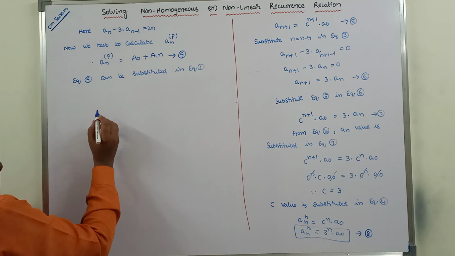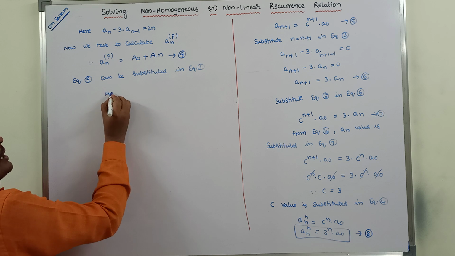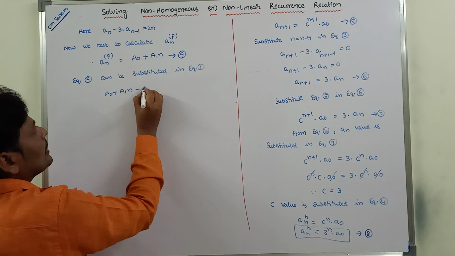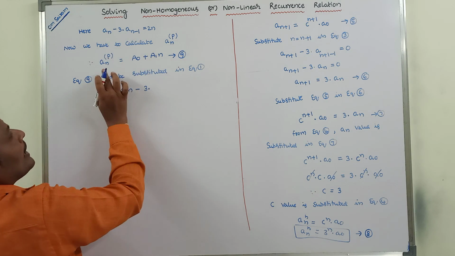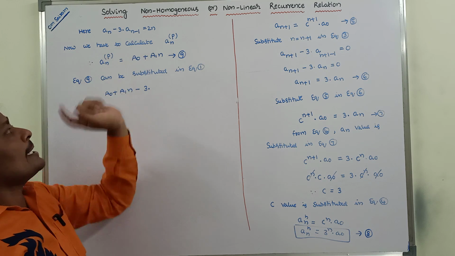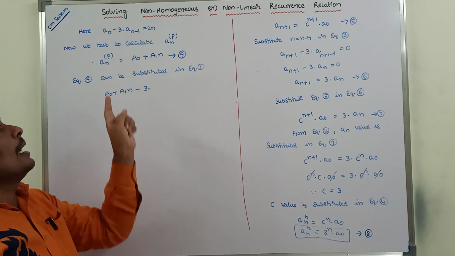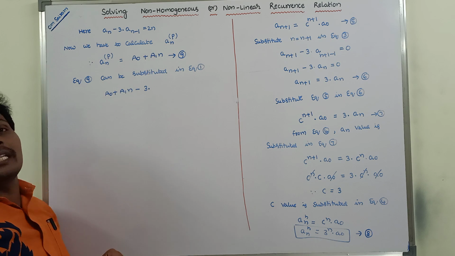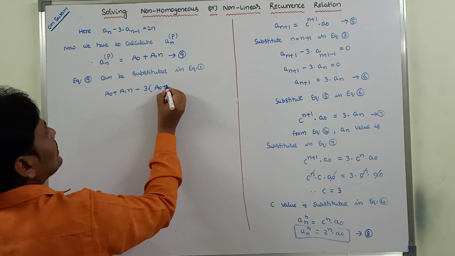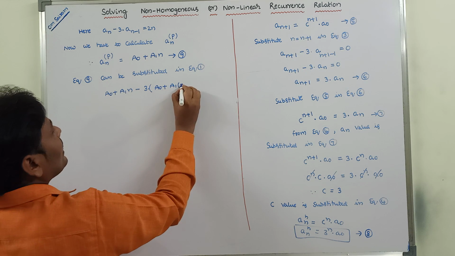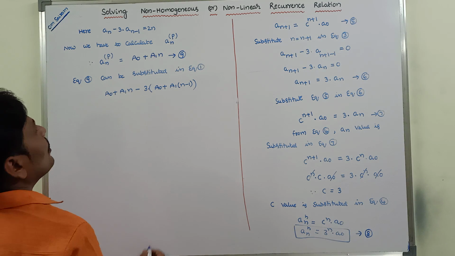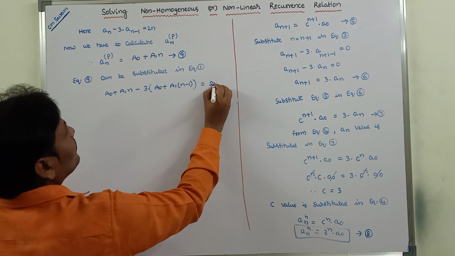Here a suffix n is there, we have to substitute a naught plus a1 into n minus 3 into, whenever a suffix n is equal to a naught plus a1 into n, so a suffix n minus 1 value is a naught plus a1 into n minus 1. In the place of n, we are substituting n minus 1, is equal to 2n.